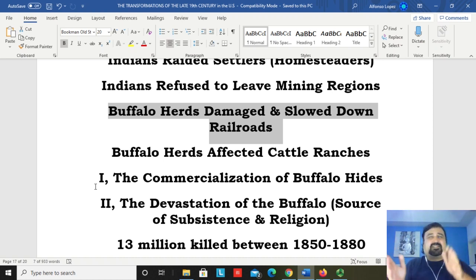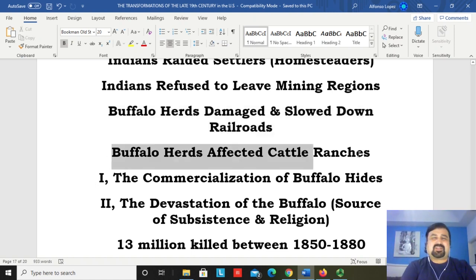The railroads at the same time are slowed down or damaged by the buffaloes, because when they cross, there are hundreds of buffaloes, a whole huge herd that is just roaming around or running away, or they feel frightened, etc. And so when they run, they pretty much devastate anything that stands in their path. That includes the railroad tracks. Even wagons are totally damaged by those buffalo herds as well.